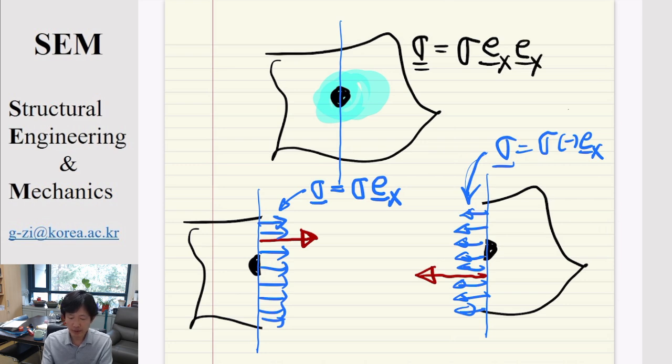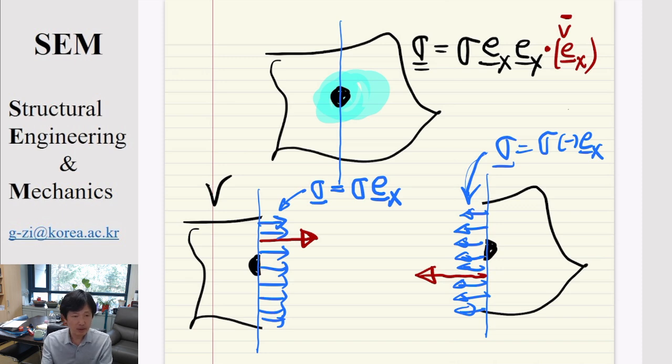If you consider, for example, in the first example, the dot product with Ex, then you're going to have a positive sigma Ex. In the example on the right hand side, instead of just Ex, we have to consider minus Ex. As a consequence, we have minus sigma Ex. Okay, we have opposite traction. This is what happened.